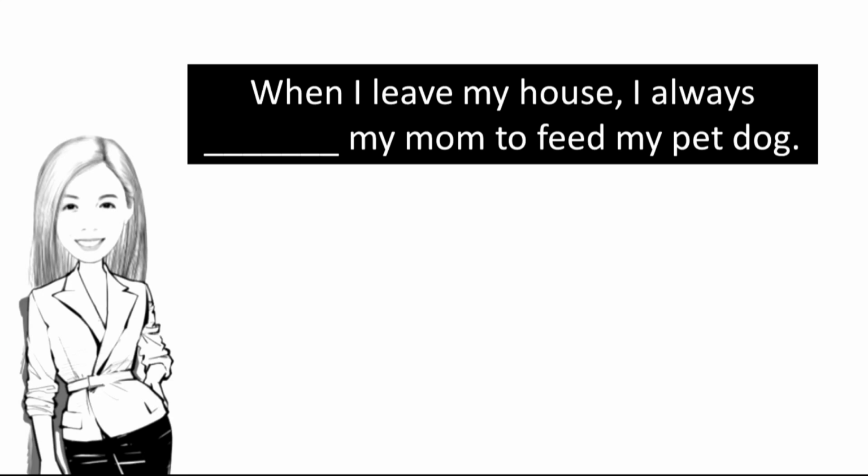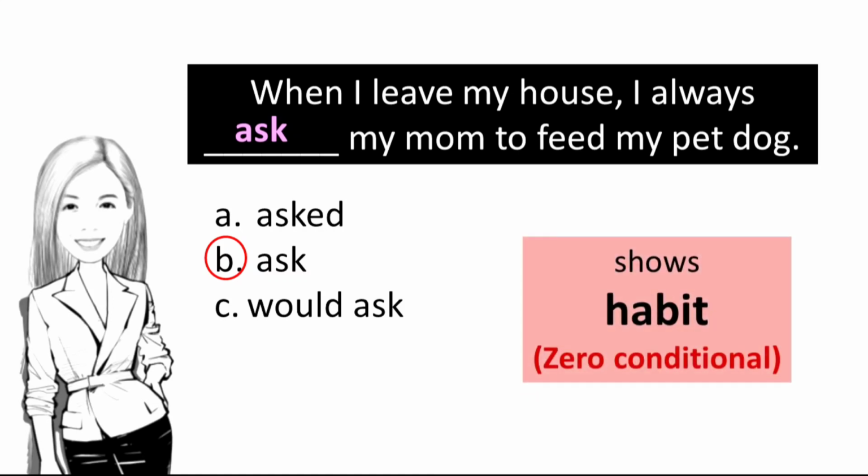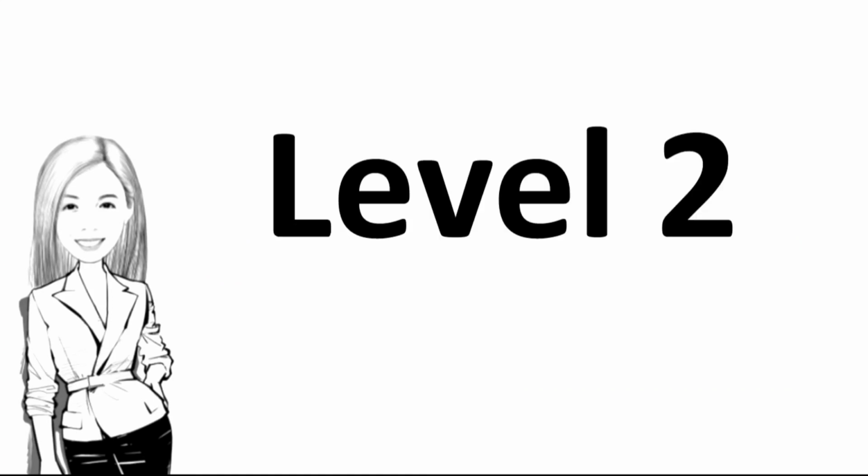Next, when I leave my house, I always blank my mom to feed my pet dog. Is it A, B, or C? If your answer is B, ask, then you're correct. Wow! Because this statement shows habit. Did you get a perfect score?